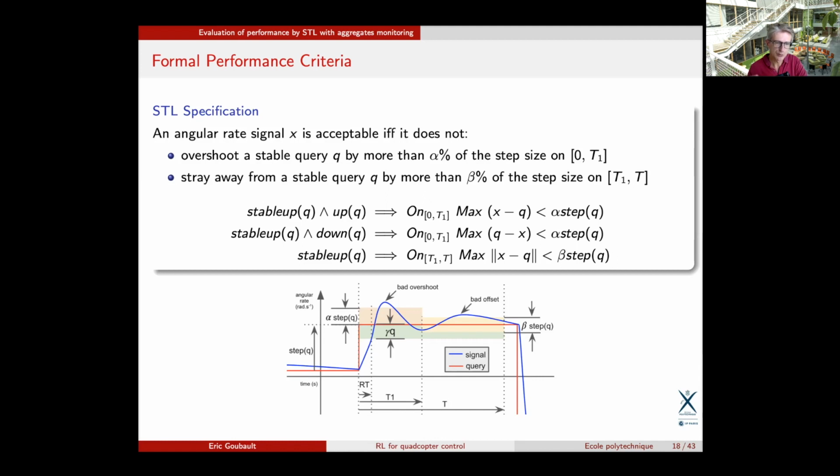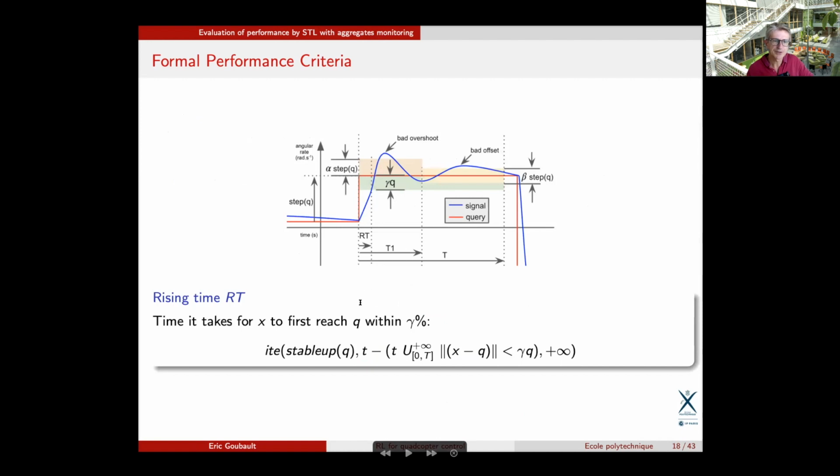So it allows also for the rising time, I mean, for the signal to have risen up sufficiently to measure things coherently. And so the rising time is just going to be this formula with these aggregates, which are going to measure when you are stable enough after a rising, and it's going to look whether the difference between the signal and the target query is less than some gamma, some portion of the query.